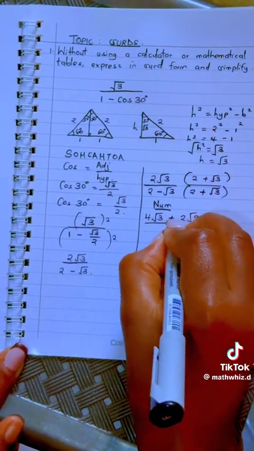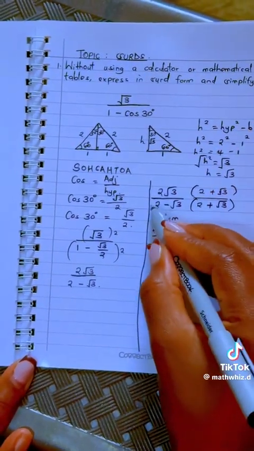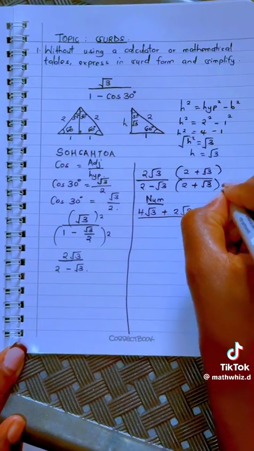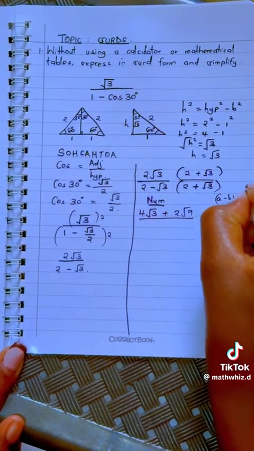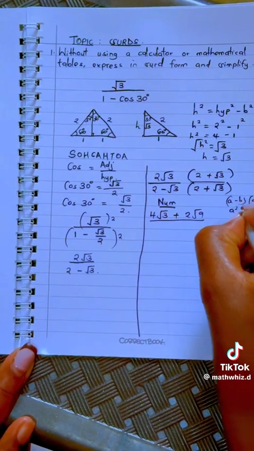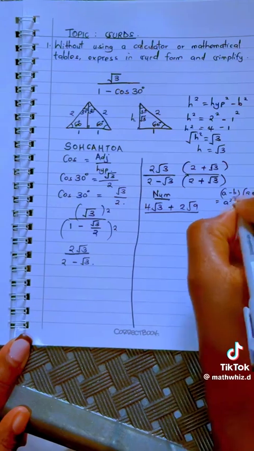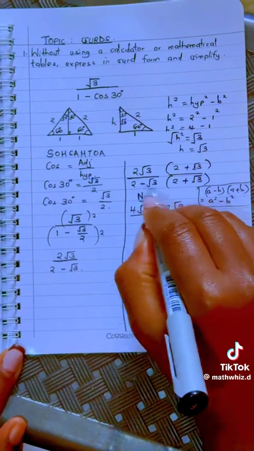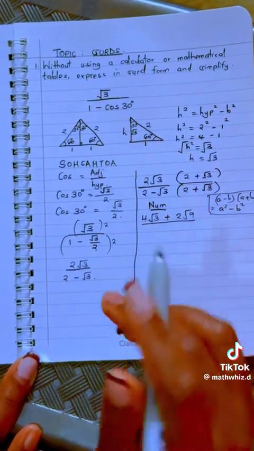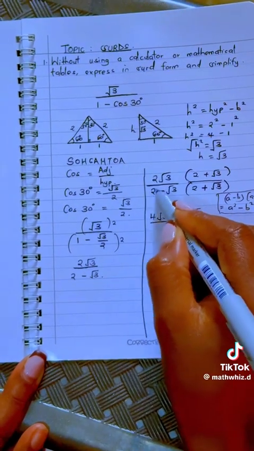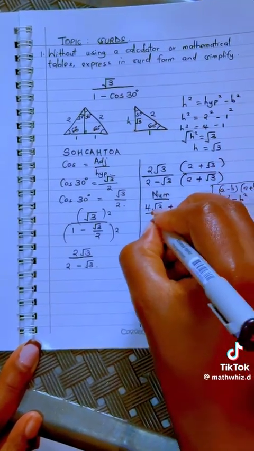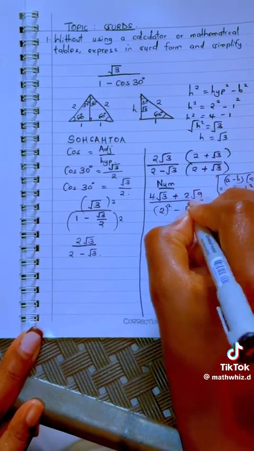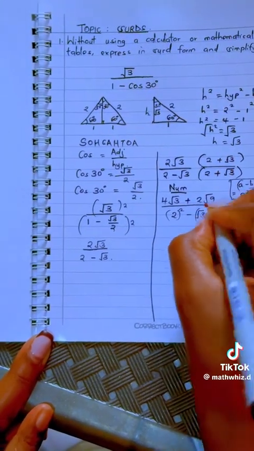The denominator is a shortcut: a squared minus b squared, so 2 squared minus root 3 squared.